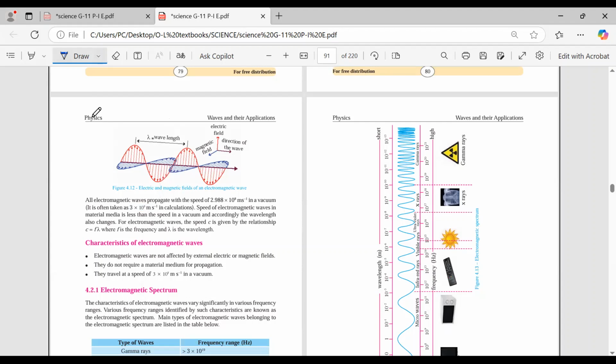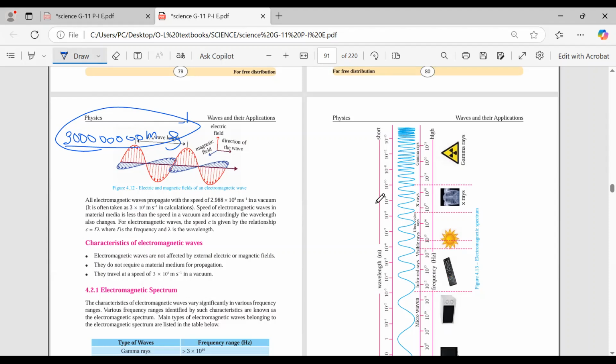So what does it mean? 3 into 10 to the power 8 meters per second. So 1 2 3 4 5 6 7 8, this many meters per 1 second. This is the speed of light. This is the speed that all the electromagnetic waves will travel.